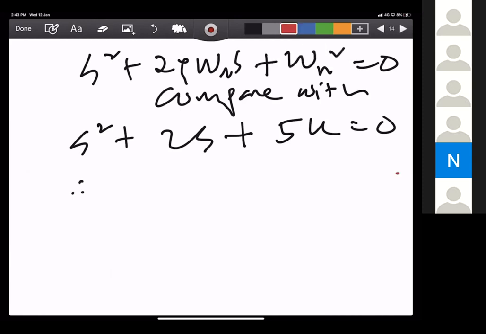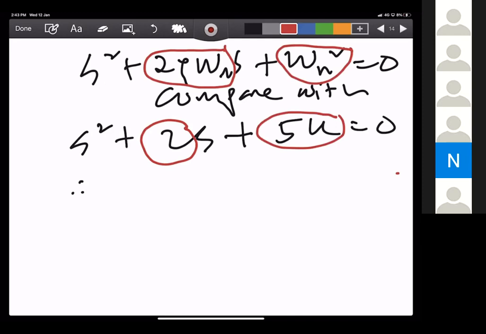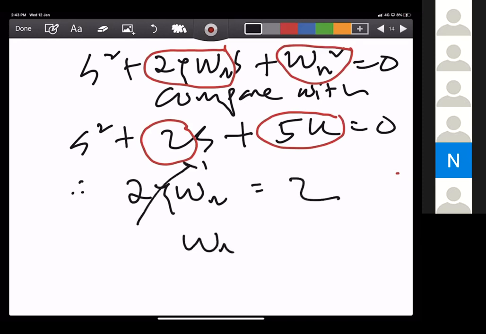Tengok S. Tengok 2 then in WN 2 equal to 2. Macam tu. Okay. Correct.